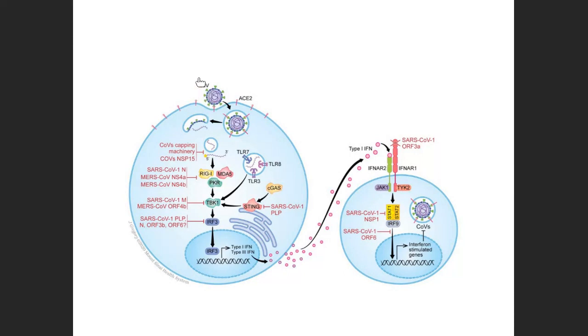This picture shows the life cycle of COVID-19. The virus binds to the surface receptor called ACE2, and it gets into our cell, whatever cell it gets into, through endocytosis, meaning it has a membrane.